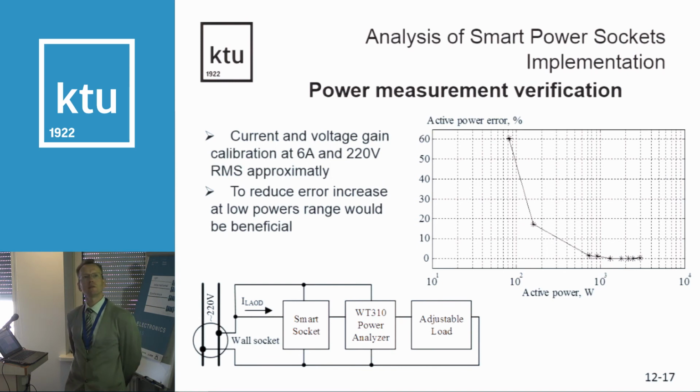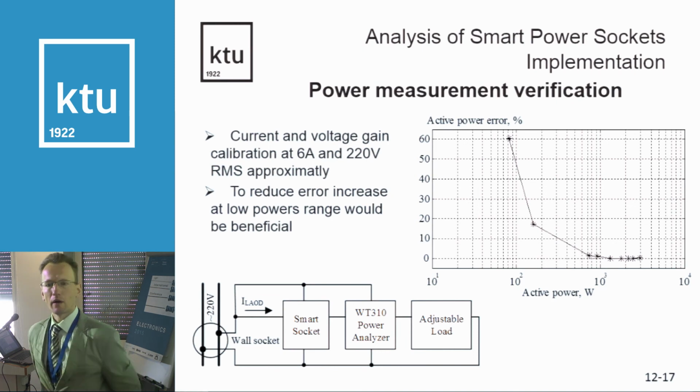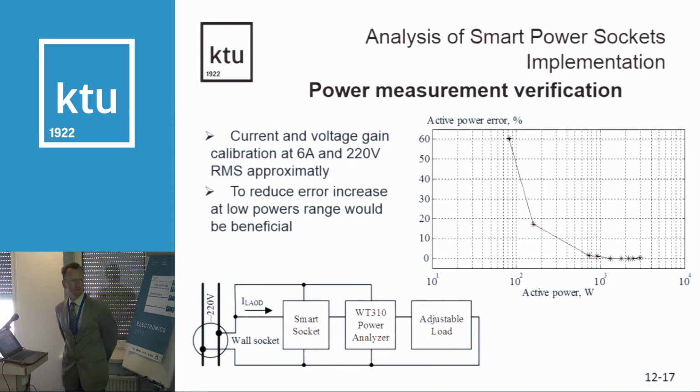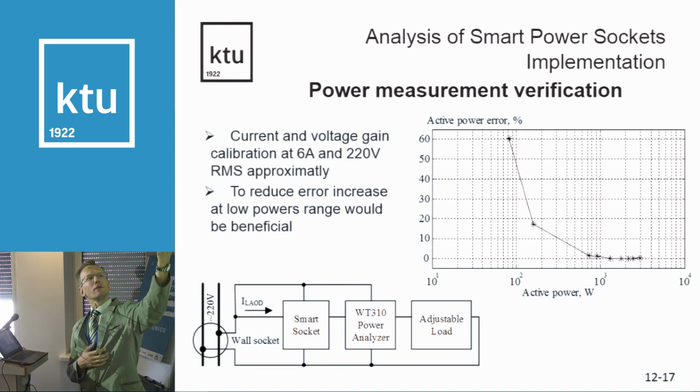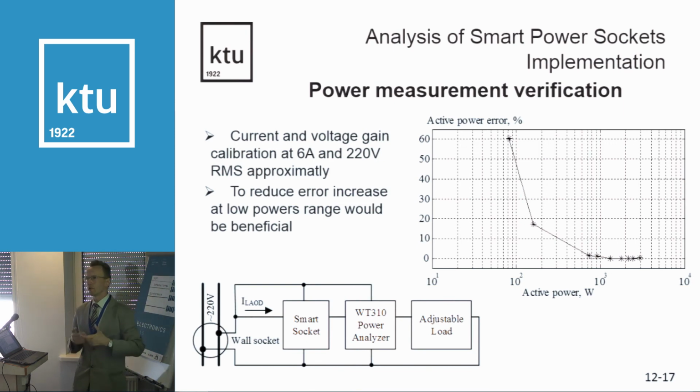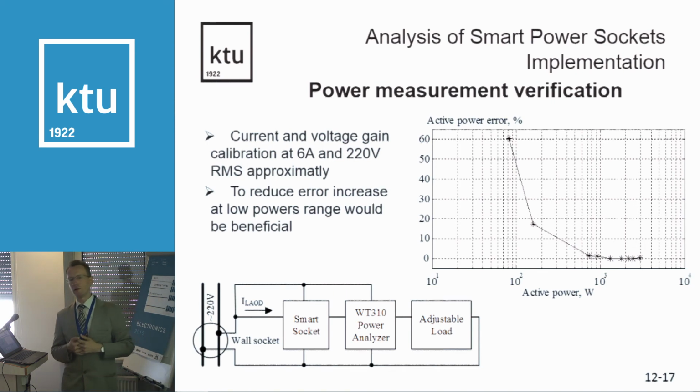We have quite a significant error, which is not the case in a higher power consumption region. We are nearly sure that this is because of the calibration procedure where we look only for gain factor, especially because it is quite difficult to stimulate. 200 volts is okay, but if we need to derive another coefficient, at least a linear calibration, then we need a second reference point.